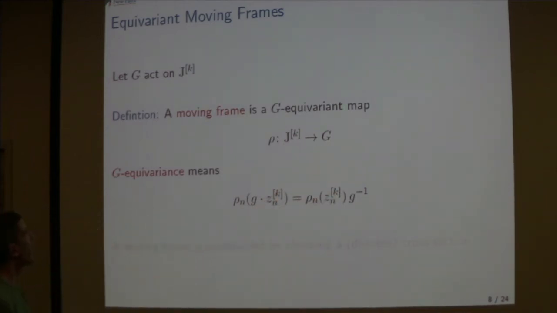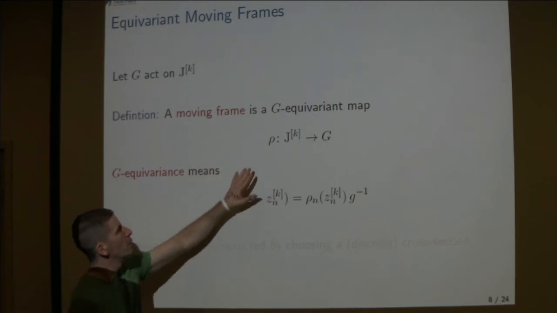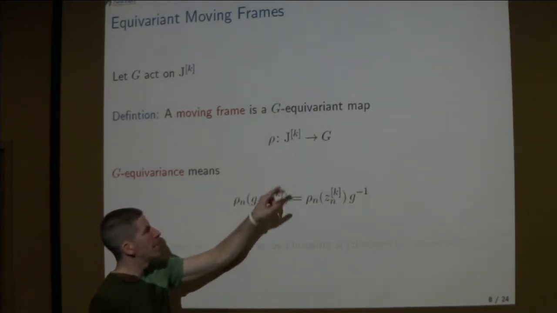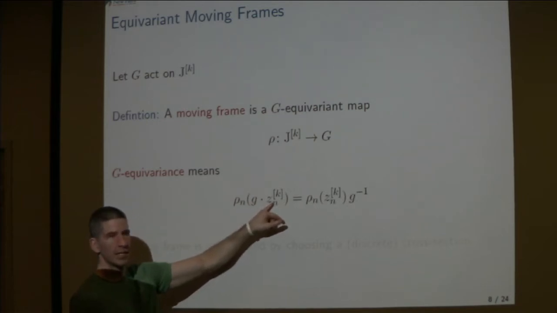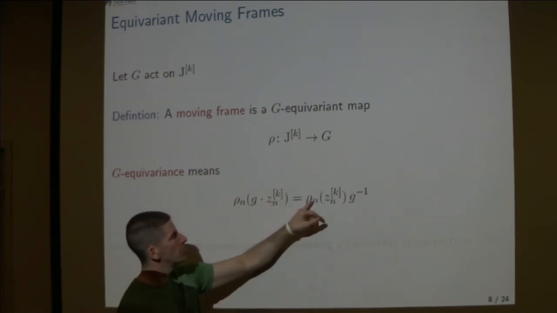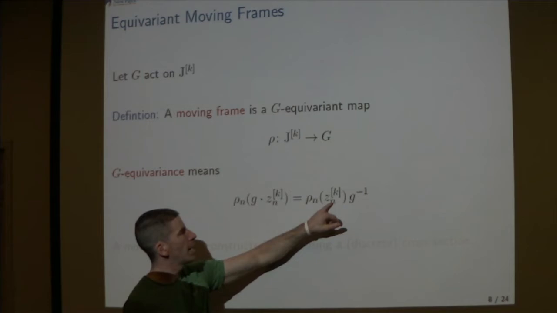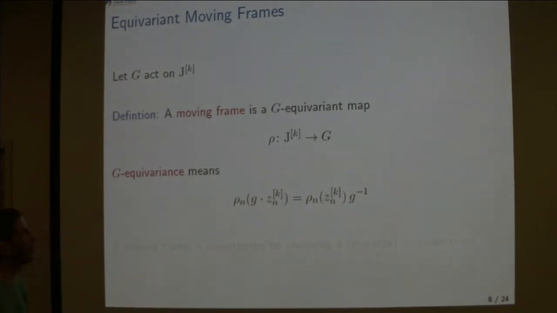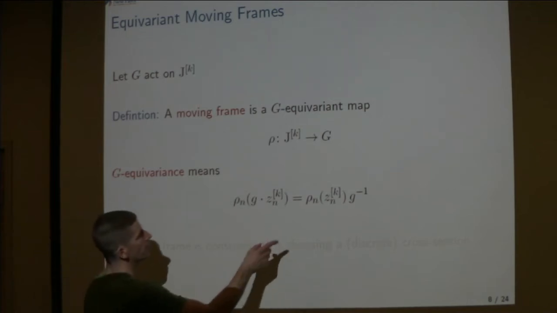G-equivariance means that if you evaluate your moving frame not at a point z_n^(k), but at g acting on z_n^(k), then the answer will be equal to rho evaluated at z_n^(k) times g inverse. The products are different here.